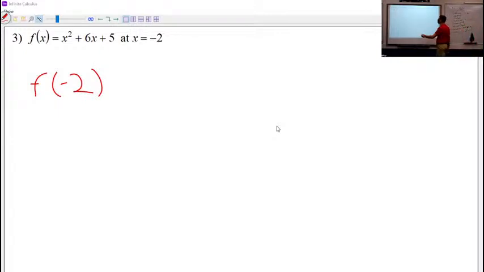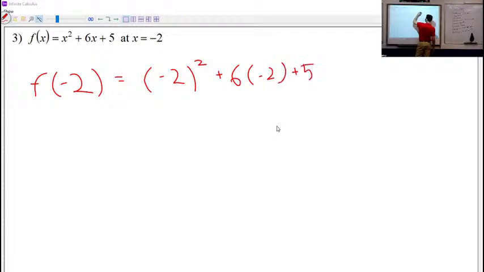Plug in negative 2. 9 minus 12 is negative 3.